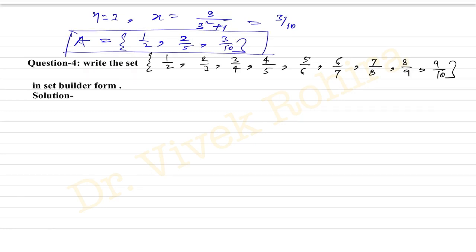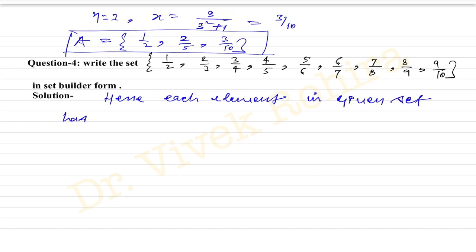Question number 4, write the set {1/2, 2/3, 3/4, 4/5, 5/6, 6/7, 7/8, 8/9, 9/10} in set builder form. Since each element in the given set has a denominator 1 more than the numerator.